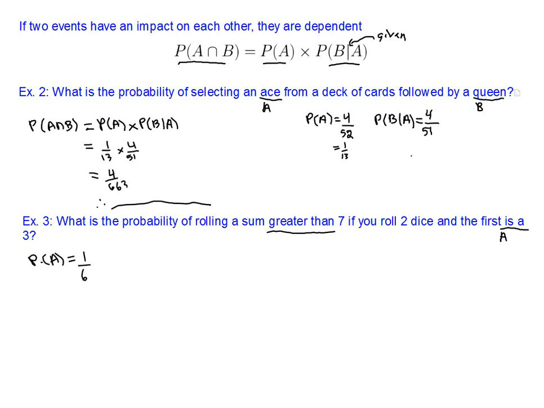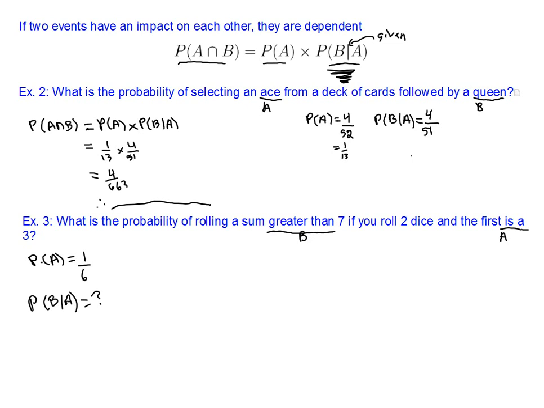So really what this question is actually asking us to find was this part of the equation right up here. So that's what we're trying to find. It's the probability of B given A. So our B then has to be this sum greater than 7. This is what we don't know.